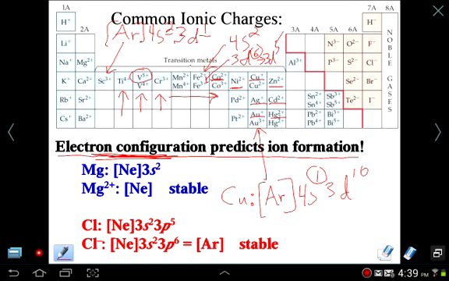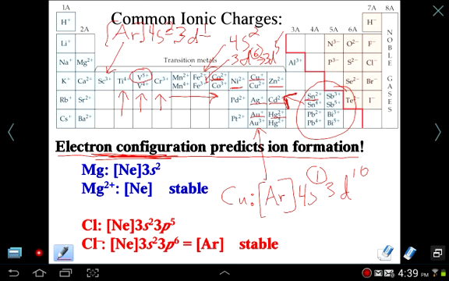I do want you to keep track of these. This group is also very easy to rationalize. Even though tin and lead and antimony and bismuth are in the p block, they do act much like the d block. So they can form more than one charge. And again, you can rationalize it here. Tin will lose 2 of its s electrons to form a +2 charge.